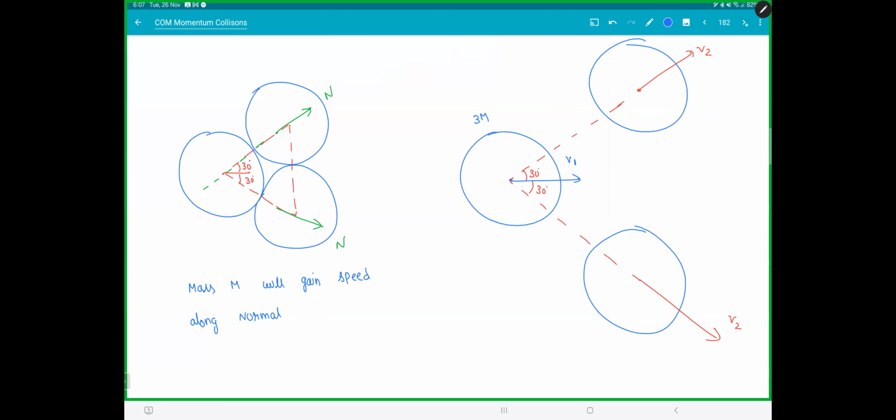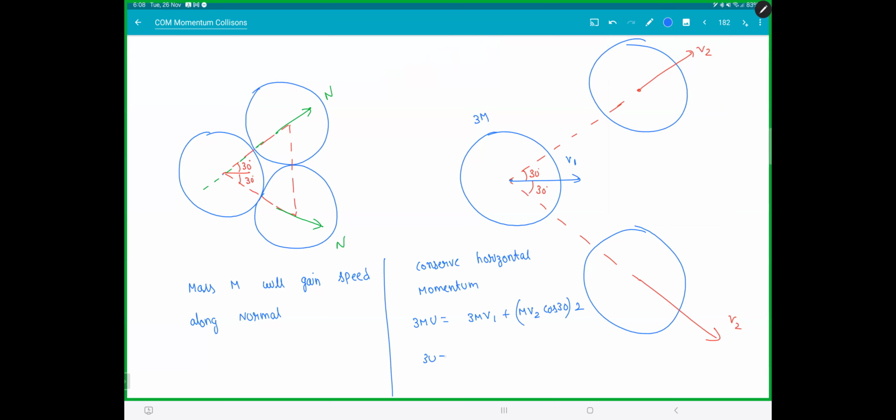So great. Step one, conserve momentum. Initially the horizontal momentum is 3m into u. Finally, it is 3m into v1 plus m into v2 into cos 30, two times, because two of them are there.